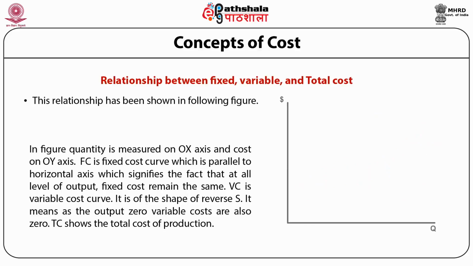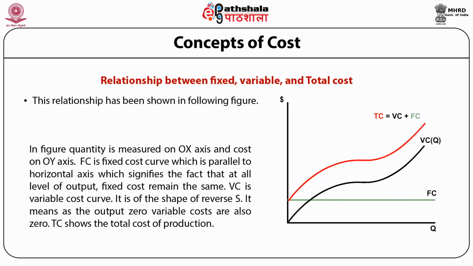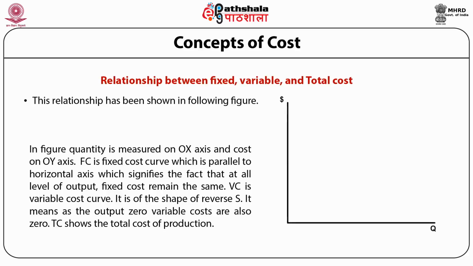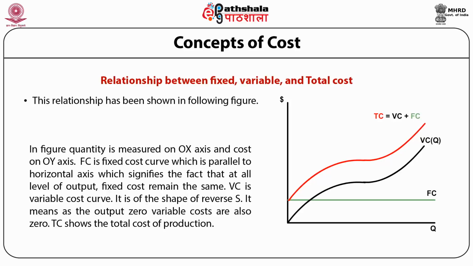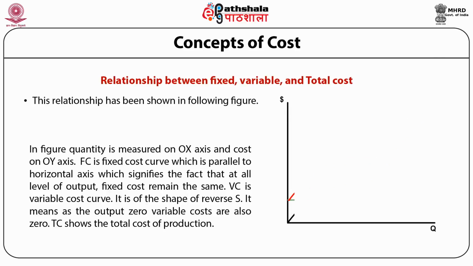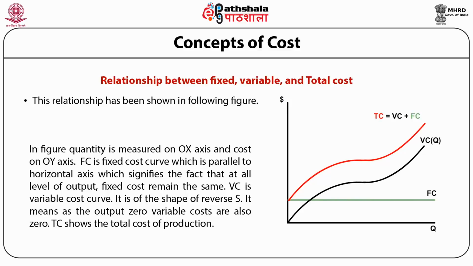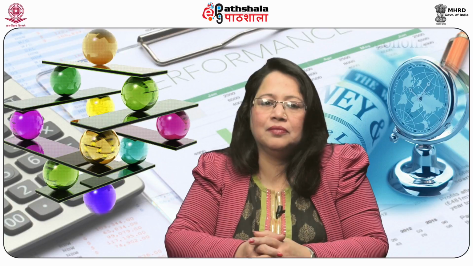VC is the variable cost curve. It is of the shape of a reverse S. It means as the output is 0, variable costs are also 0. TC shows the total cost of production. It is the sum total of fixed cost and variable cost.